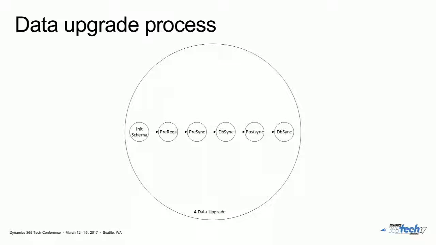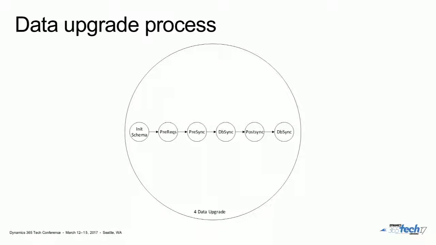And I actually caught myself saying something on the previous slide that could confuse you a little bit, so I'm going to correct myself. When I said when your code upgrade team is done with code upgrade, then your data upgrade guy can come in and do your data upgrade, right? That might not necessarily be the truth. Because you don't have to have a perfectly upgraded code base to do data upgrade, right?